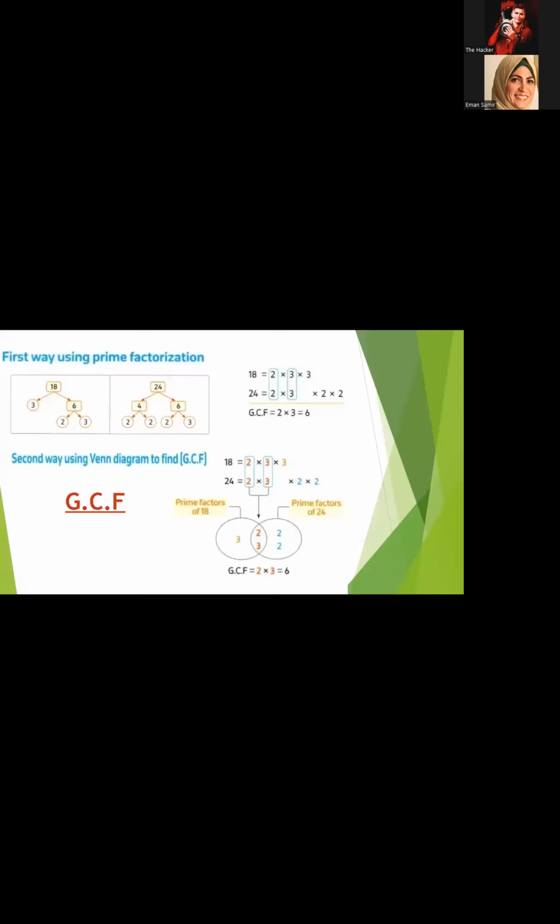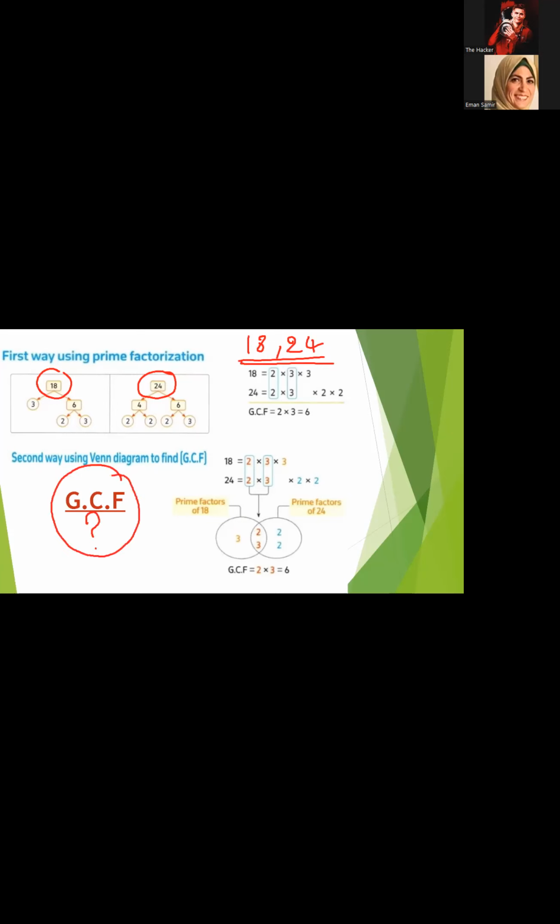If I'm dealing with two numbers, 18 and 24, and I'm given a question: find the GCF. I'll try solving it with my first method, which is called prime factorization.